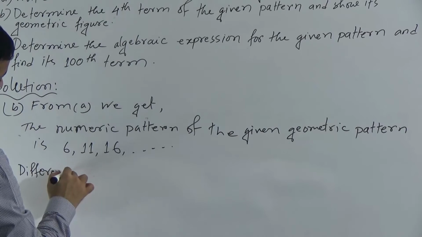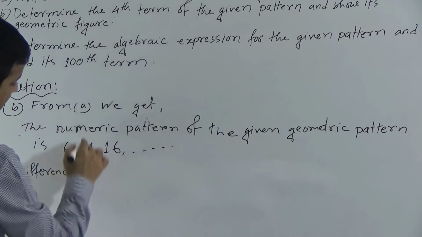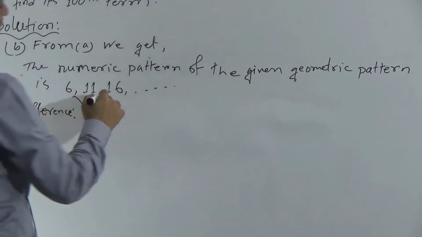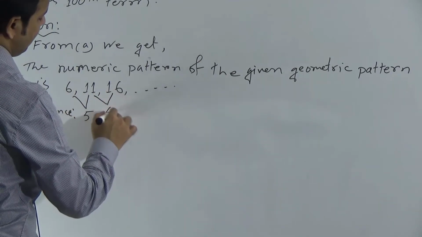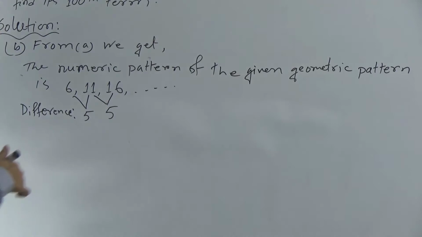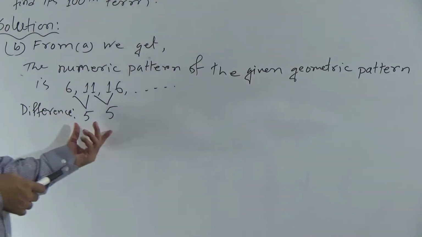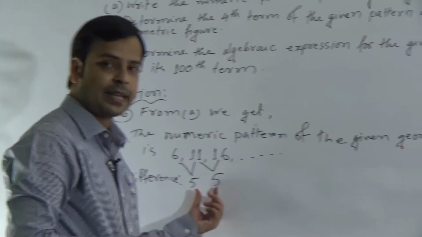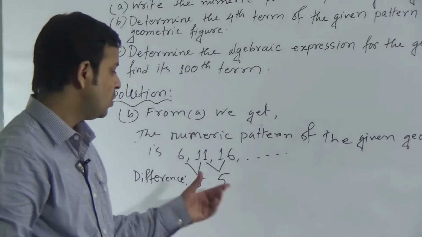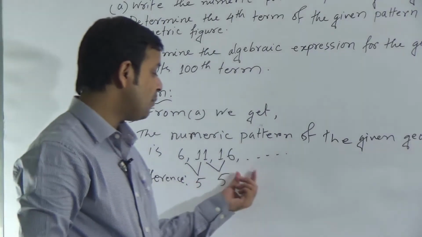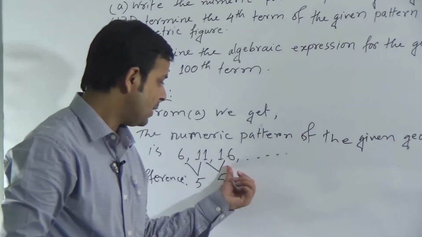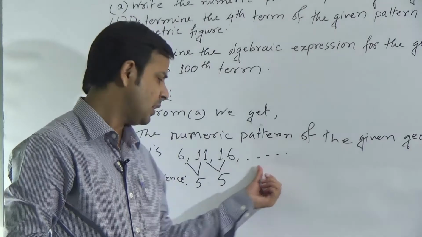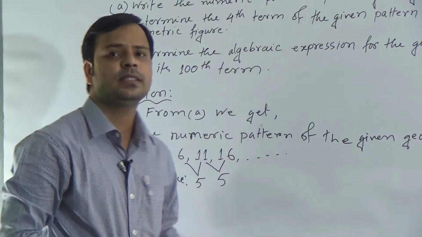Here the difference between two terms is 5. 11 minus 6 is 5. 16 minus 11 is 5. It means that the difference of two consecutive terms is always the same, that is 5. So we can say the next number after 16, the fourth term, will be 5 more than 16.